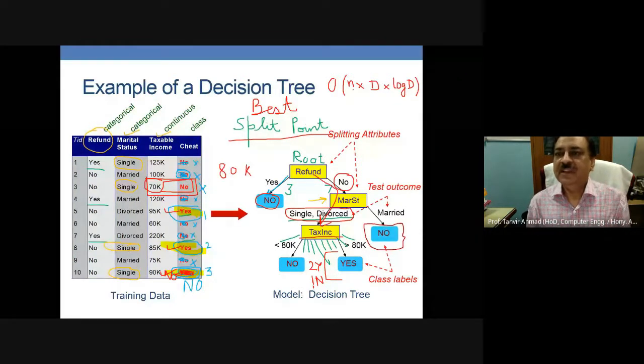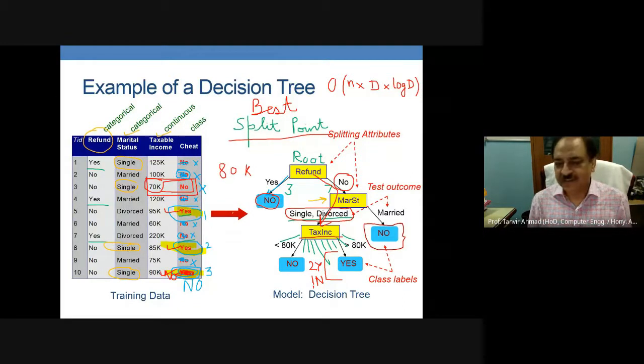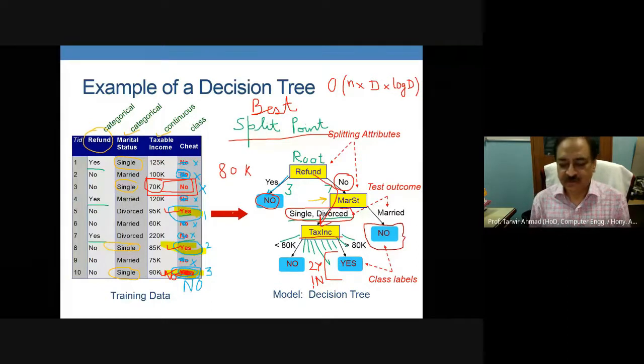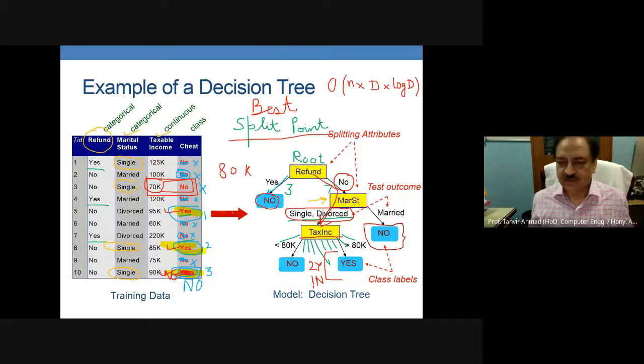That means d is the number of tuples. Therefore, in this case, it is nothing but 3 into 10 into log of 10, and log of 10 to base 2 is around 3. Therefore, this is the big O notation complexity of this algorithm, n into d into log of d.